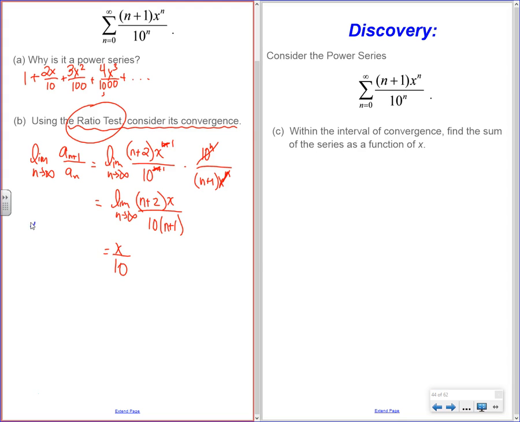Is it only for positive terms? Yes. Only for positive terms, meaning it can't go below 0. So I can set x over 10 less than 1 and greater than or equal to 0, because it won't go negative. Then x is going to be between 0 and 10, not equal to though, right? Nope.